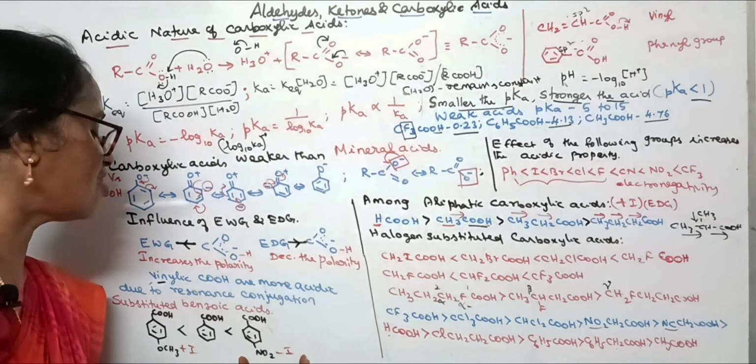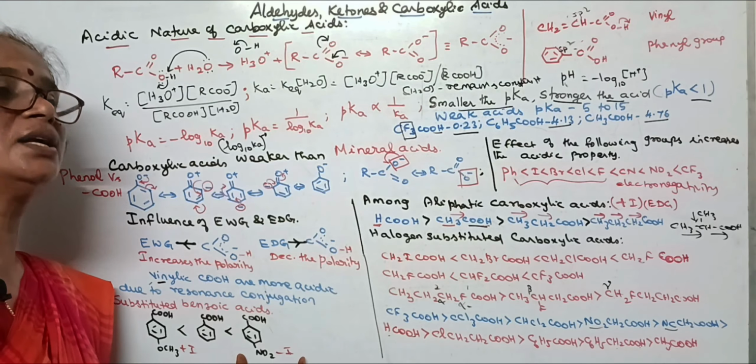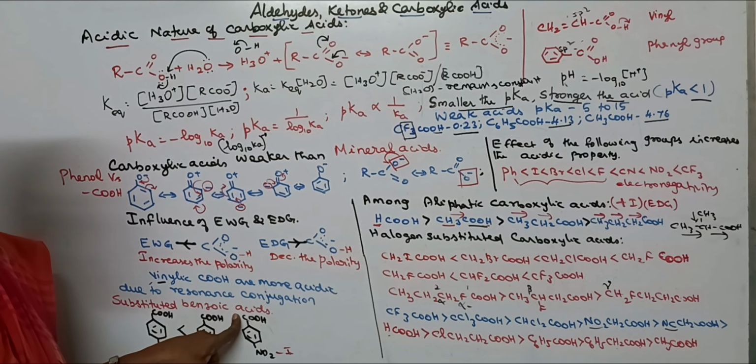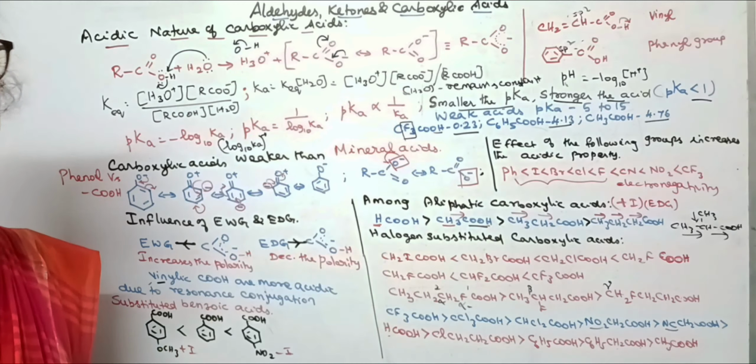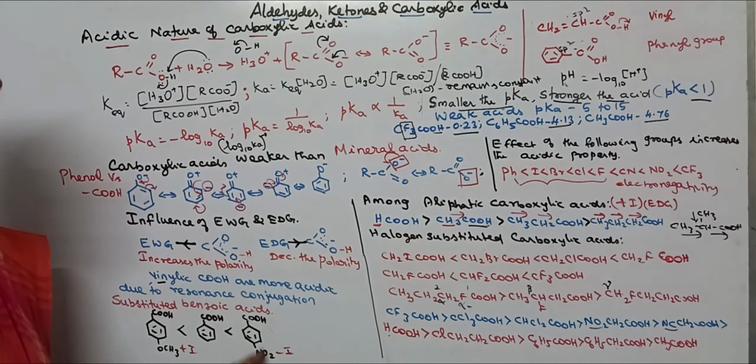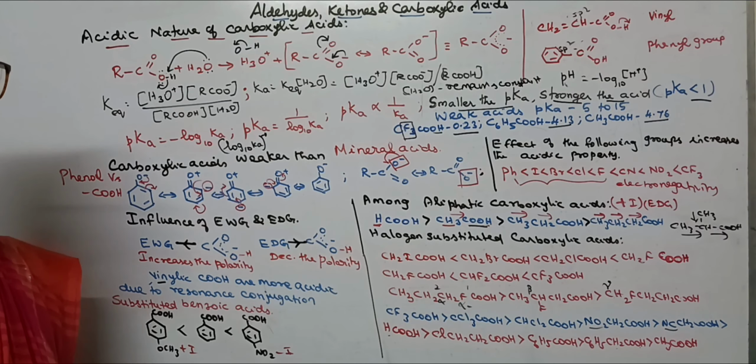But the presence of a minus I group or electron withdrawing group increases the stability of the carboxylate ion and hence that acid becomes stronger. So we can write methoxybenzoic acid is weaker than benzoic acid, but benzoic acid is weaker than nitrobenzoic acid.